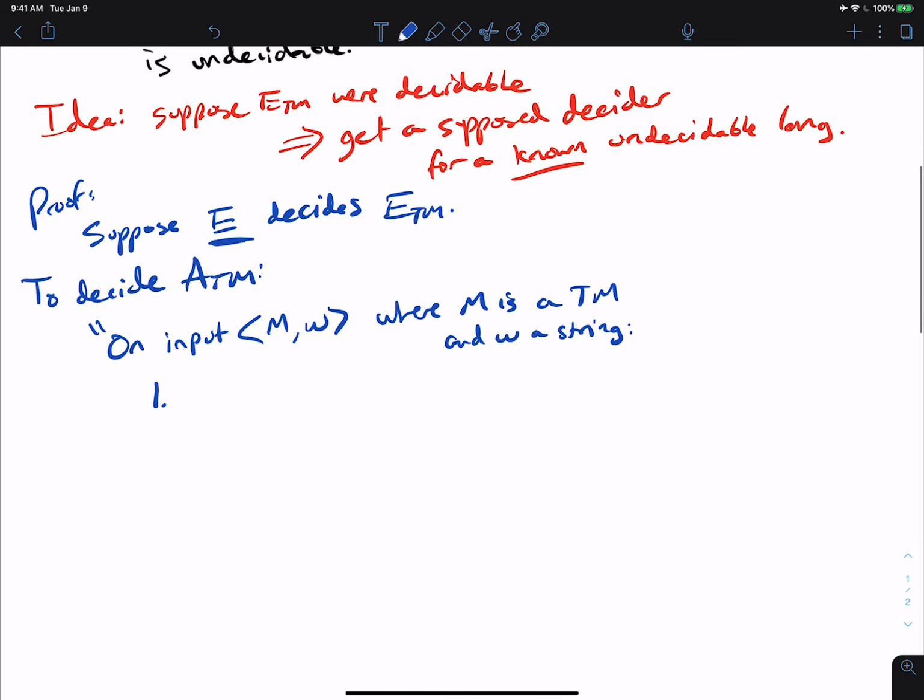So here's the critical idea. We're going to construct a Turing machine, which I'm going to call M prime.